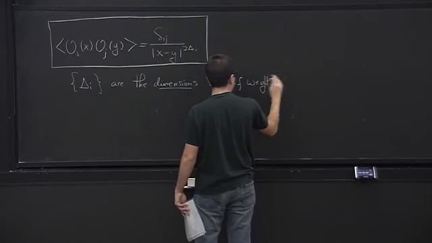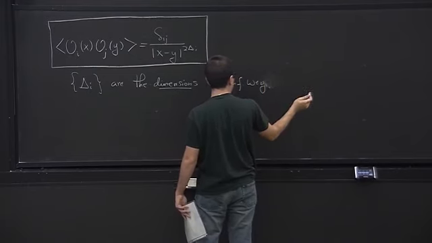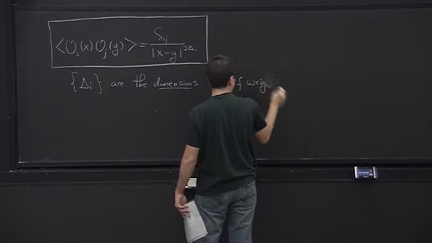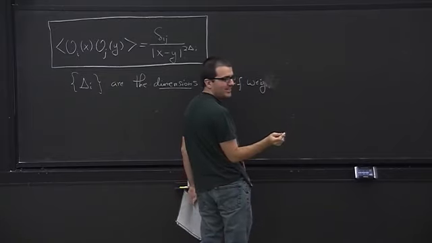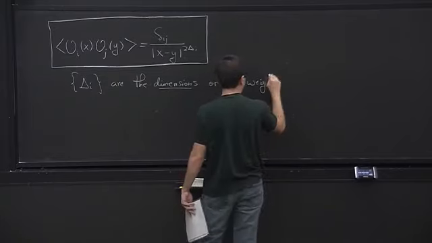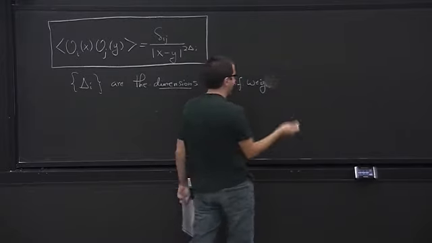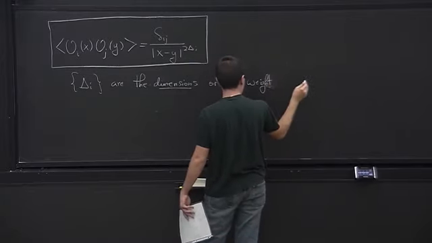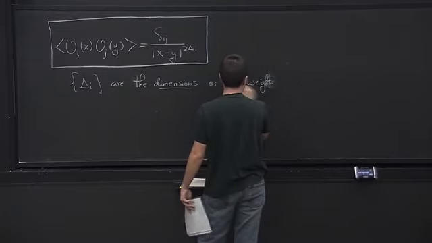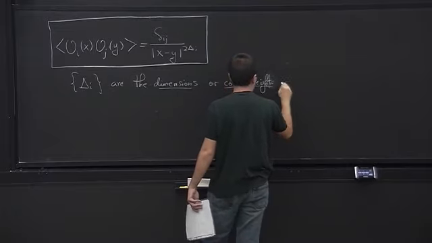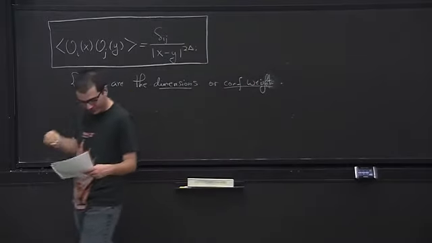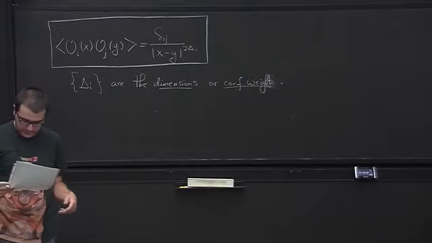How do I write weights? GHT? GTH? Weight? Come on. No one knows? HT. HT, very good. I always confuse. That looks right. Or conformal weight. Very good.